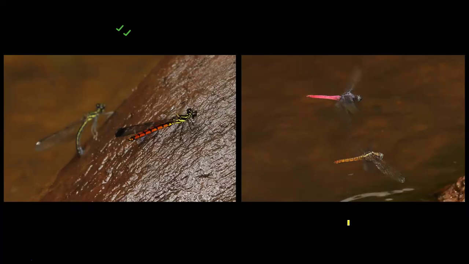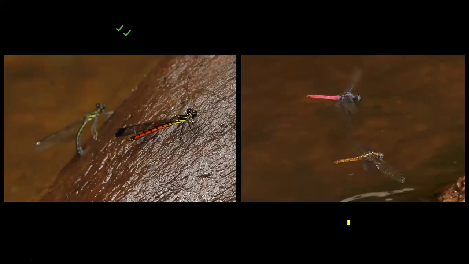Males, while the female is laying eggs, in most species, not all, guard the ovipositing female because of the reason that I mentioned earlier. If a different male comes and grabs the female, it can remove the sperm that the first male has placed in the reproductive tract of the female and replace it with his own sperm.